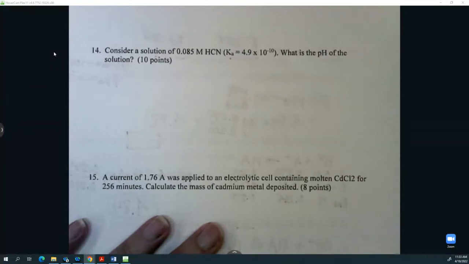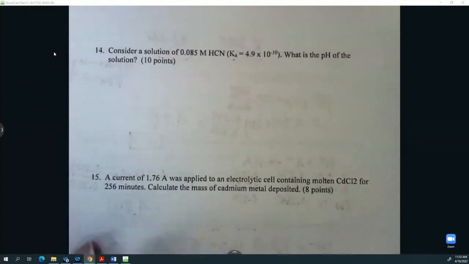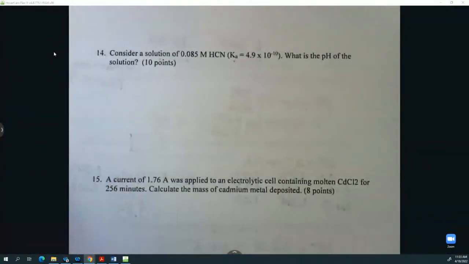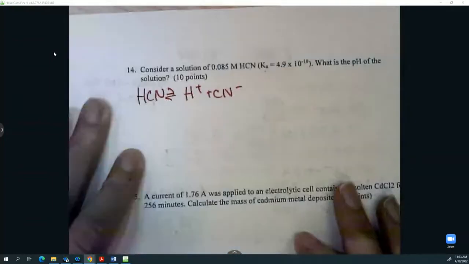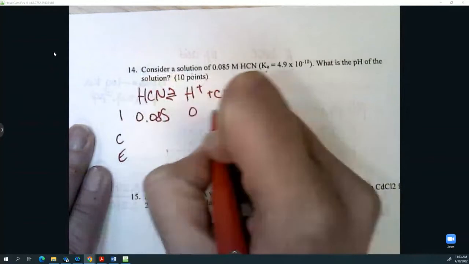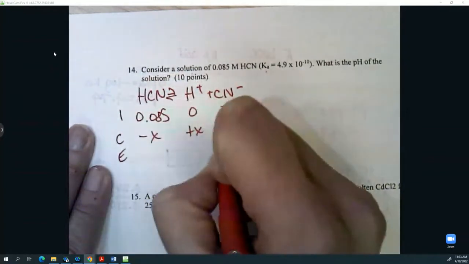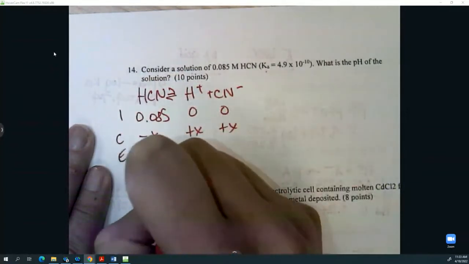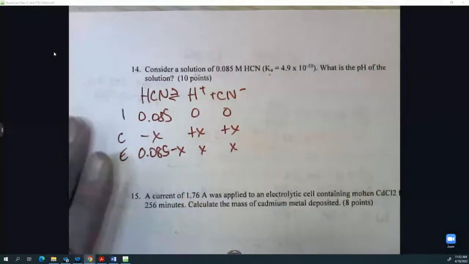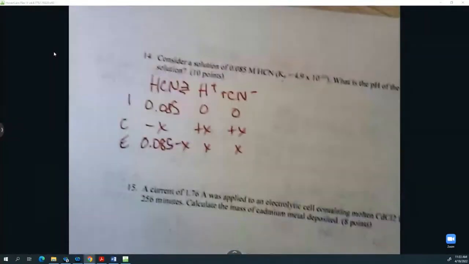Okay, a weak acid. We did one like this. We did the weak base one before, but this one's a weak acid. Similar strategy, except we just pull off a hydrogen this time. Where is it? Sorry.